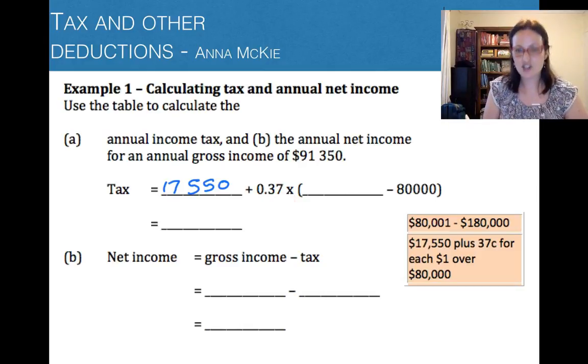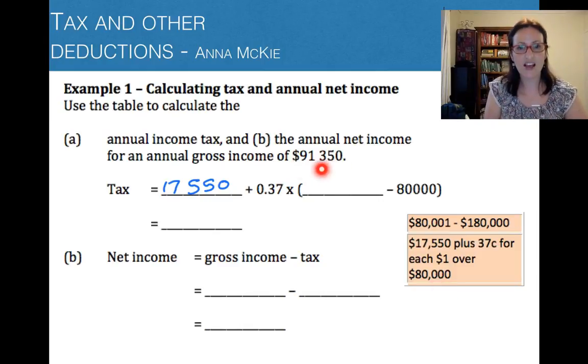Now for each dollar over 80,000. So you ask yourself, well, how many dollars over 80,000 did this person earn? So that means it's the difference between this number and the 80,000. So you have to do a subtract.